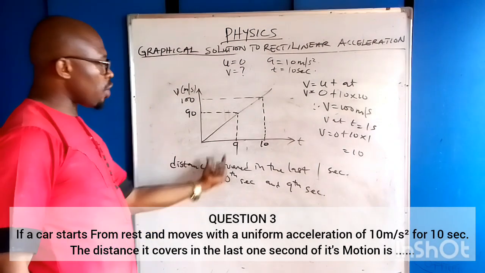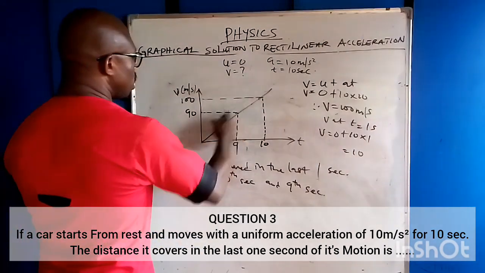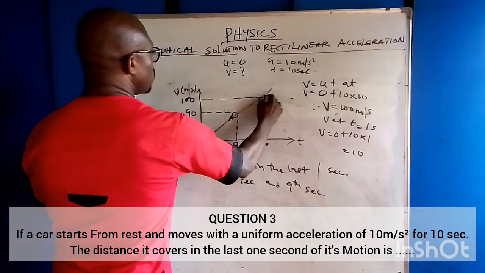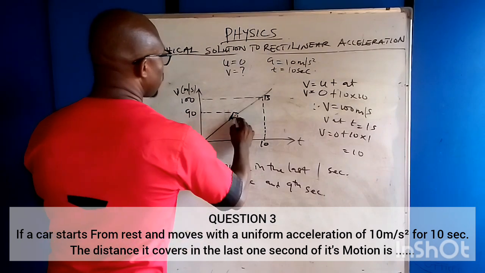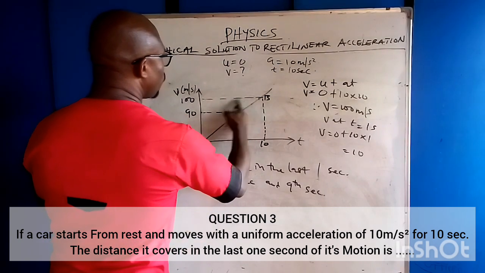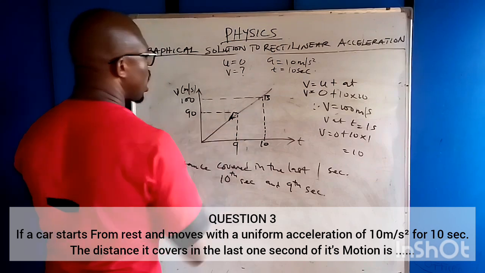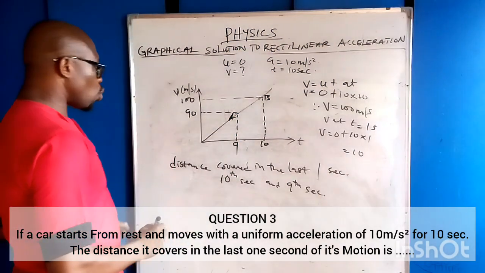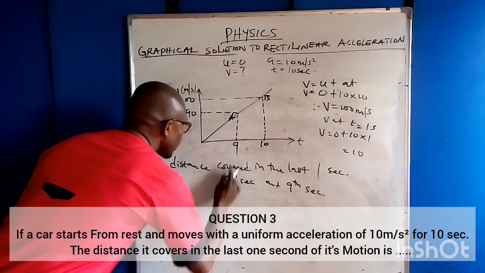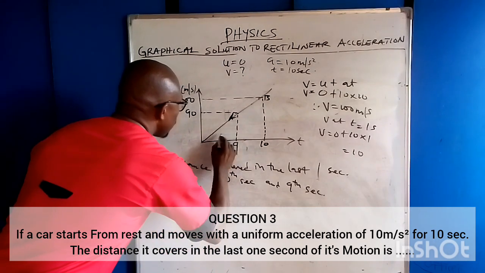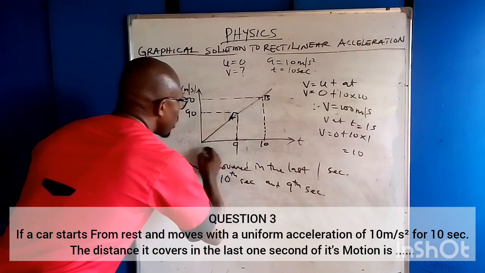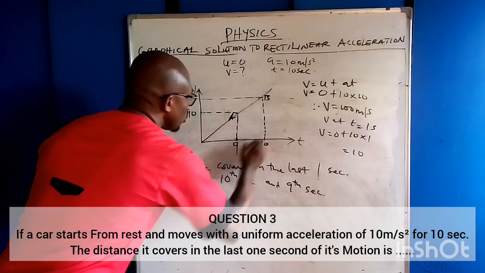This gives us the area of these, assuming these are 2 points B. We have the area of this one minus the area of this one, and of course, each is a triangle.